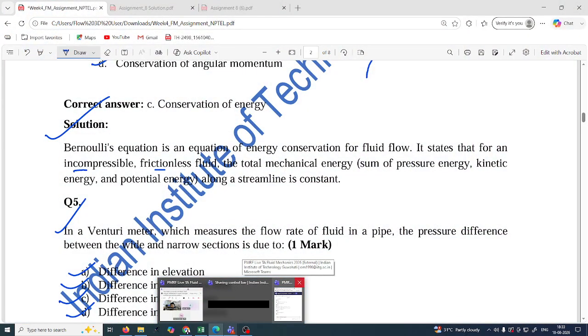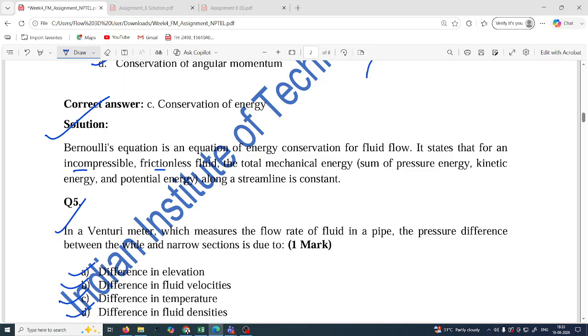You can just read the question very carefully and try to write your answer in the chat box.